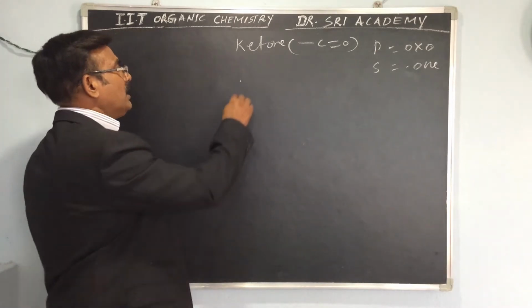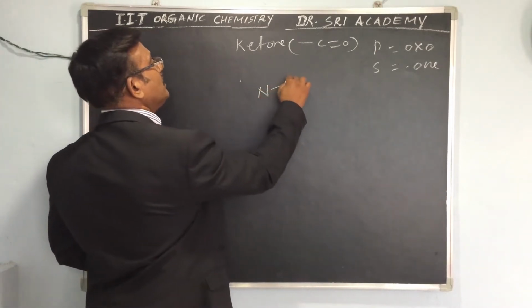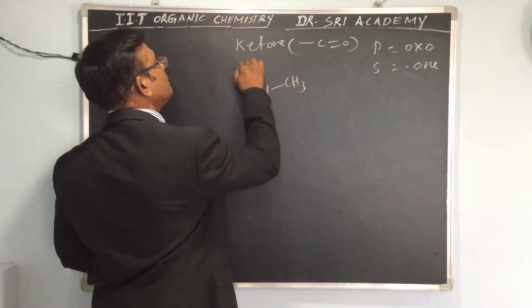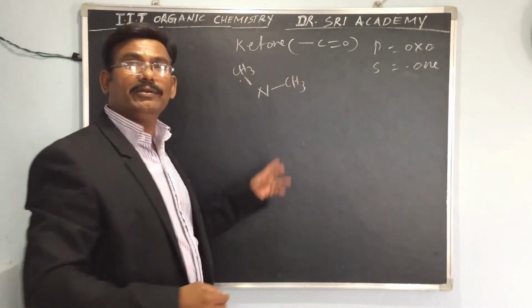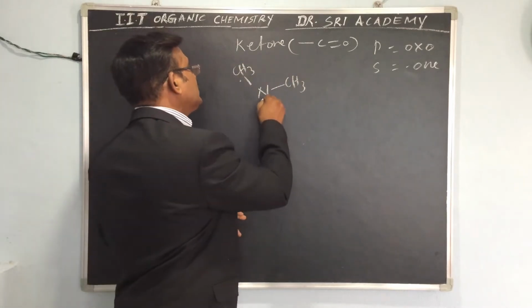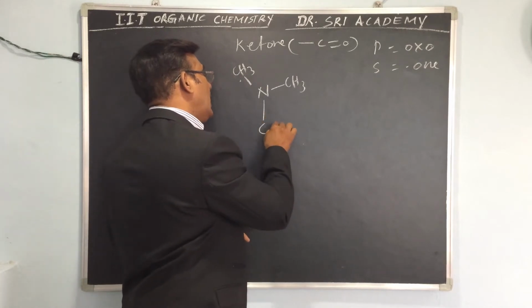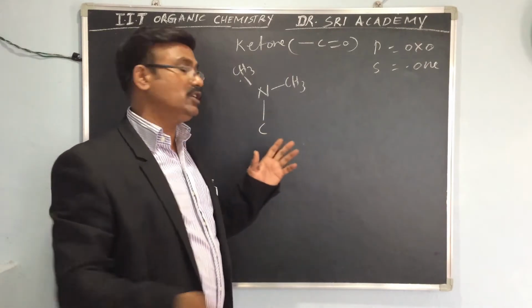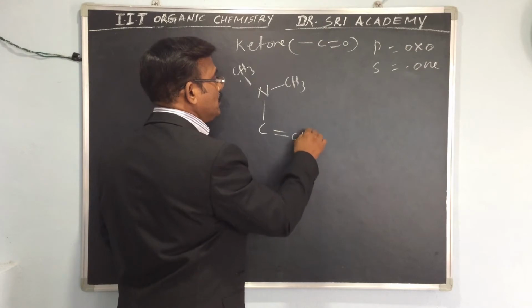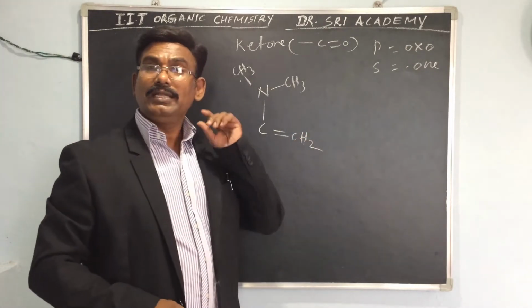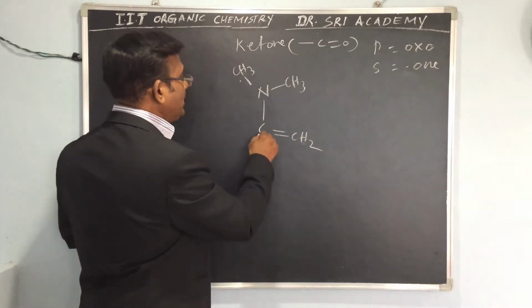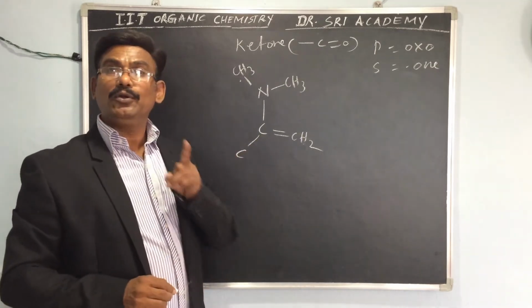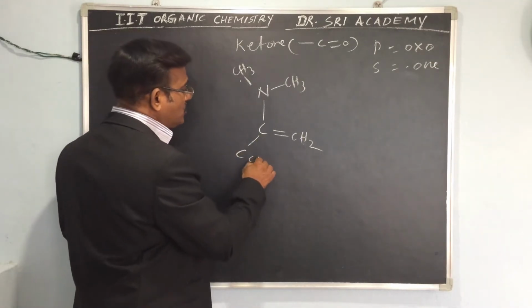For example, you take nitrogen containing 3 methyl groups, and this contains the carbonyl and has the double bond CH2. So it is a difficult compound. You have to think while I am writing.